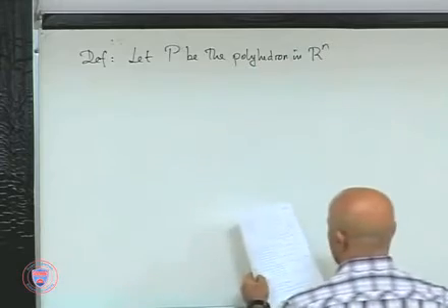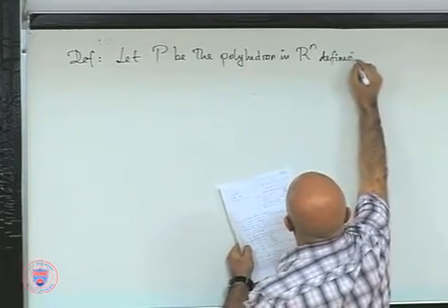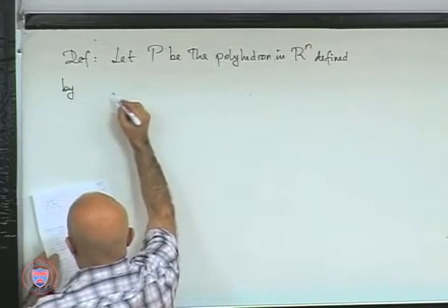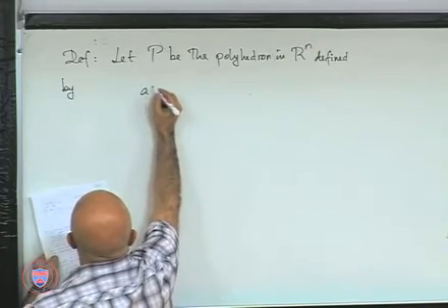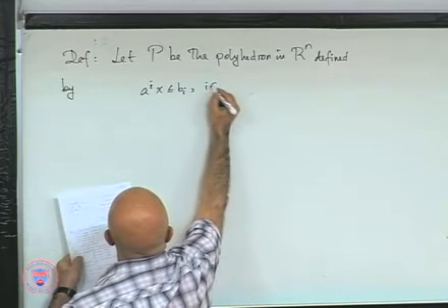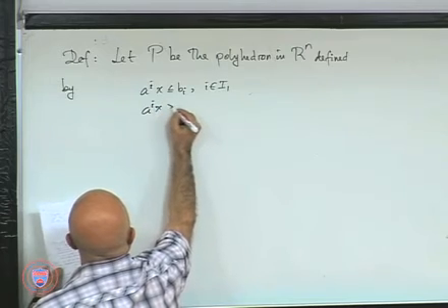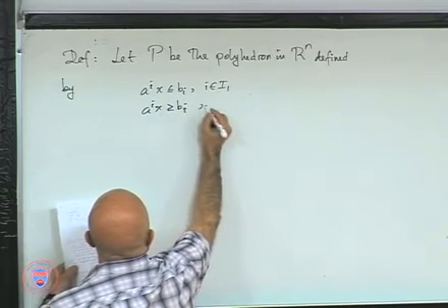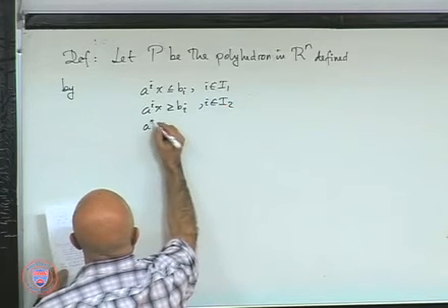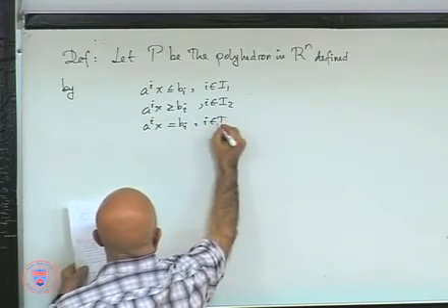Let P be the polyhedron in Rn defined by the system AiX less than or equal to bi for i in I1, AiX greater than or equal to bi for i in I2, and AiX equals bi for i in I3.